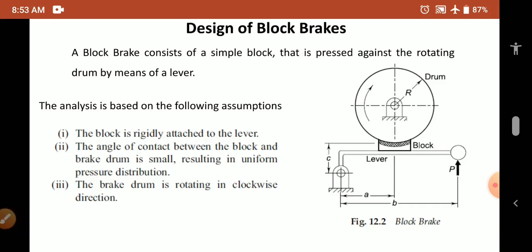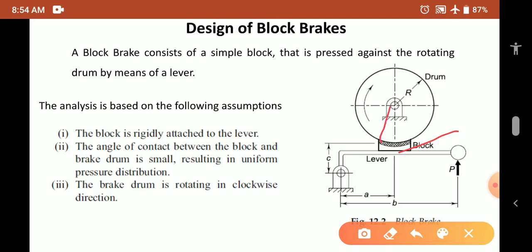The analysis of this block brake is based on the following assumptions. While designing this block brake we have to make a few assumptions. First, the block is rigidly attached to this lever. Second, the angle of contact between the block and the drum is small, which results in uniform pressure distribution.